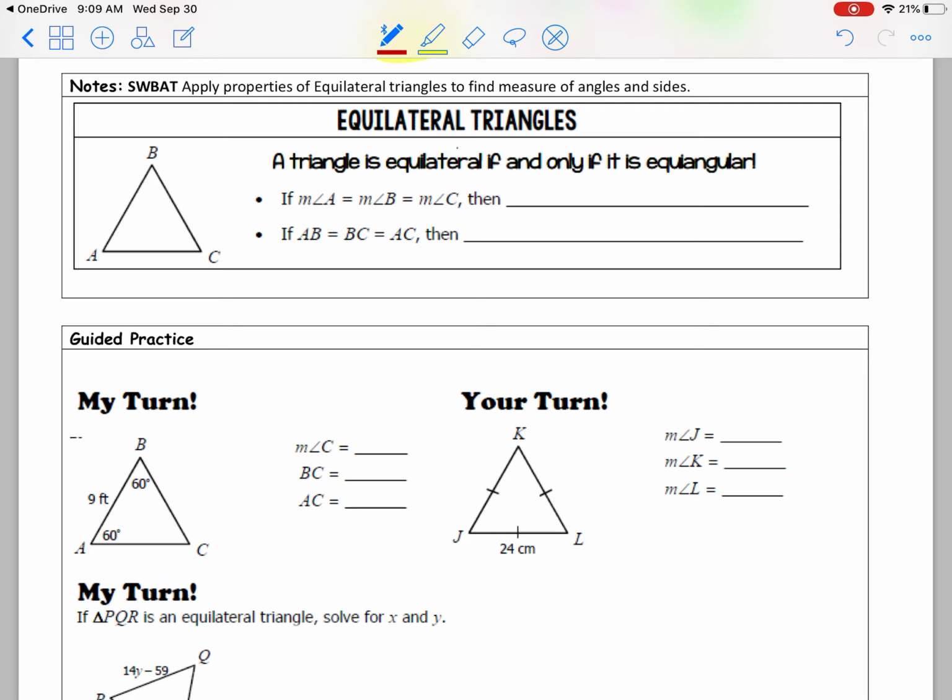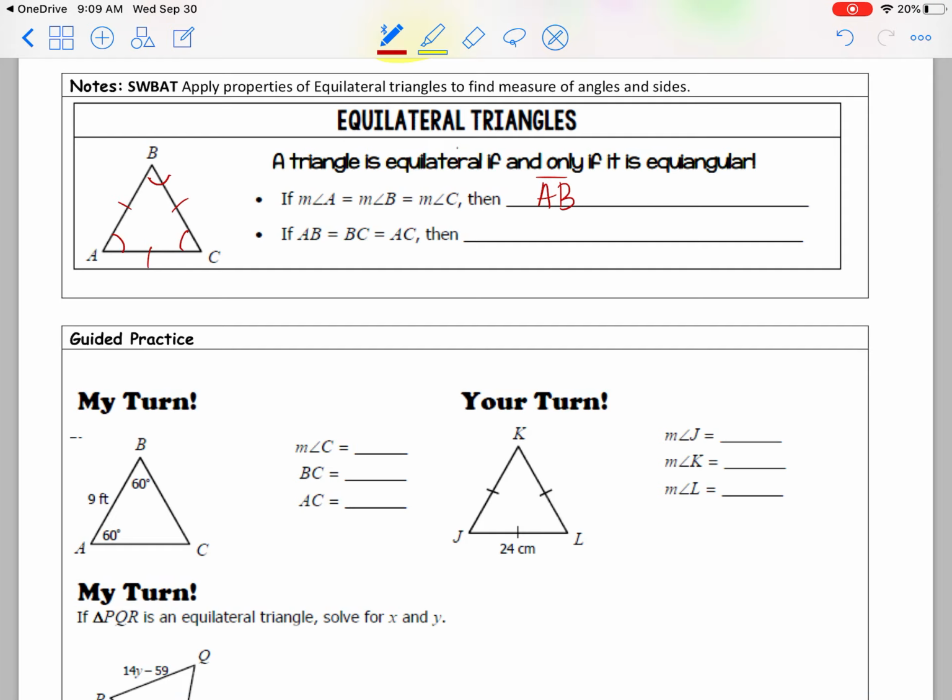So yesterday we talked about isosceles triangles, and we said that isosceles triangles are those triangles that have two congruent sides and also have congruent base angles. For equilateral triangles, we know that a triangle is equilateral if and only if it's equiangular. So if a triangle has angle A equal to angle B equal to angle C, then we can conclude that because this triangle is equiangular, it is equilateral.